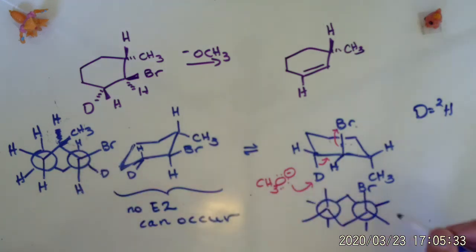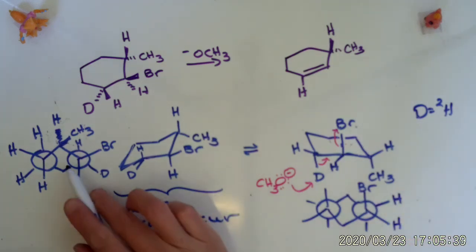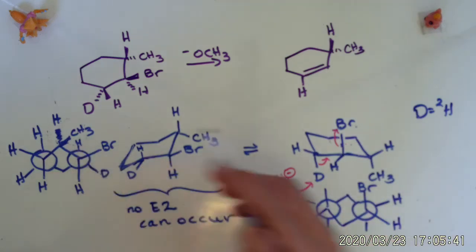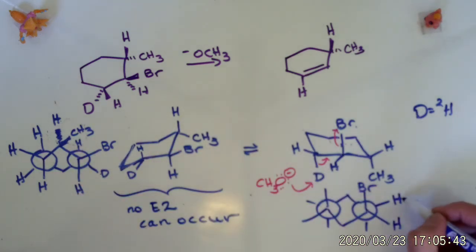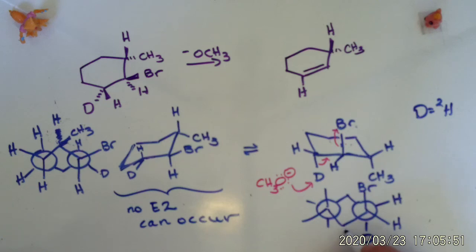You see that this hydrogen goes here, this deuterium, so here's my hydrogen with the bromine in the front. Hydrogen rotated from axial to equatorial. This deuterium went from equatorial to axial. This hydrogen is now more equatorial. Methyl group is in the axial position. Okay, and all these hydrogens are the same.